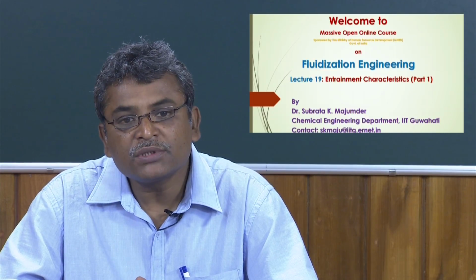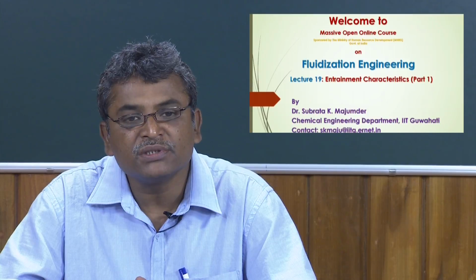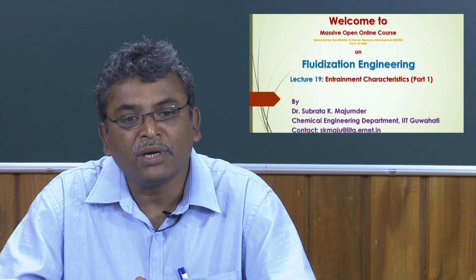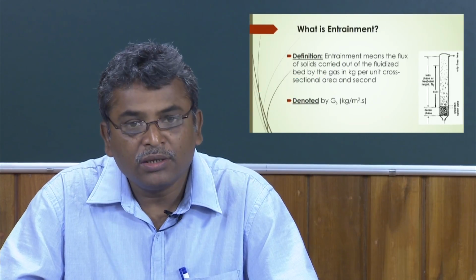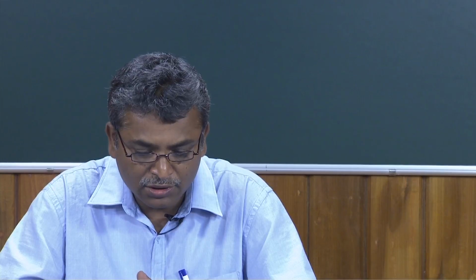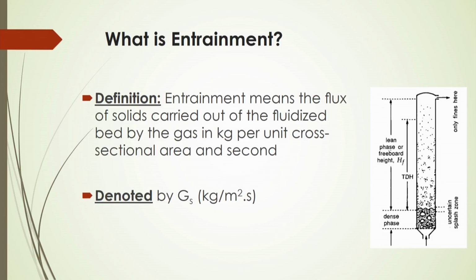Of course, we will see how this entrainment happens, that is the mechanism of the entrainment. Also, why should we learn these entrainment characteristics? Before going to that, first of all we have to know what entrainment is.